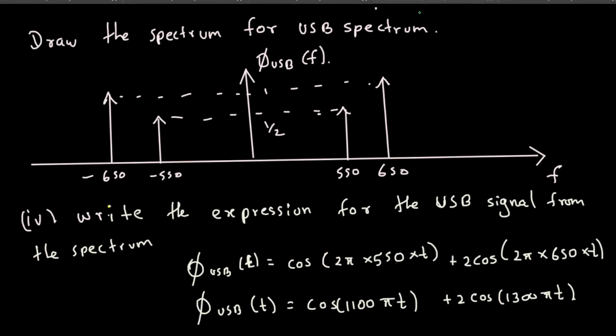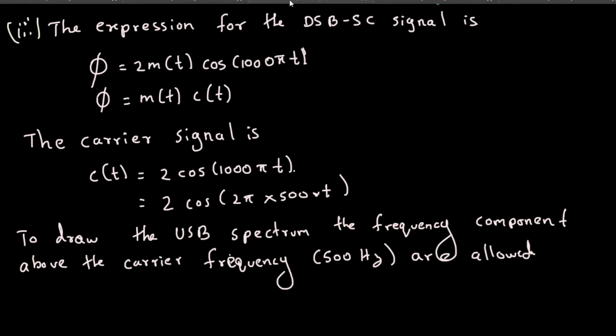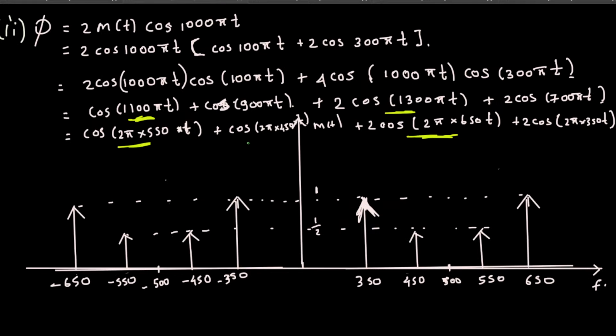Now we know the carrier frequency. The part above the carrier frequency is the upper side band, and the part below the carrier frequency is the lower side band. If you look at the graph here, 500 is the carrier frequency. Whatever is above, 550 and 650, is the upper side band, and the lower side band is going to be 350 and 450 right here.